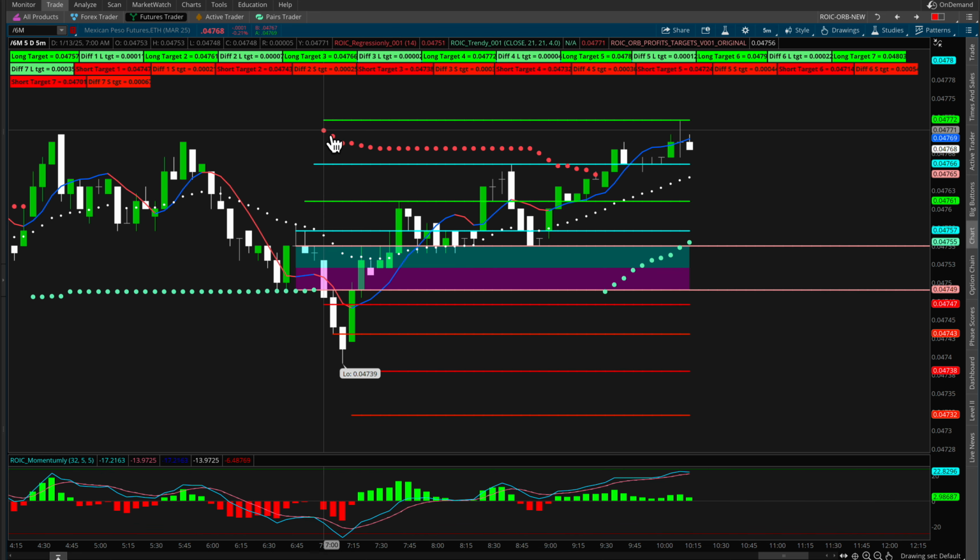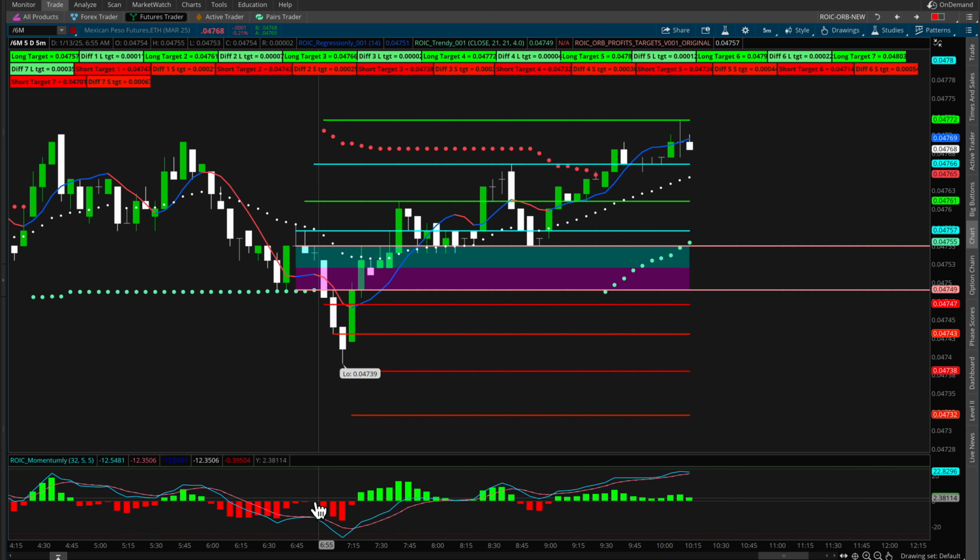So you had 1 confirmation, which is trendly. You're below the 21 EMA. That's 2 confirmations. You broke out of the consolidation area with RORB system, and regression is actually also bearish, so that is 4, right? 1, 2, 3, 4, and momentumly is bearish as well.